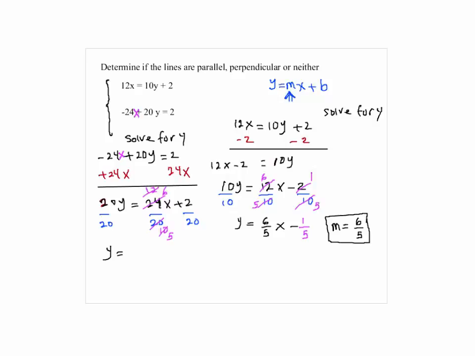Looks like we get the same slope again. Here we have 6 over 5x plus, and then you get 2 over 20, which would be 1 over 10.